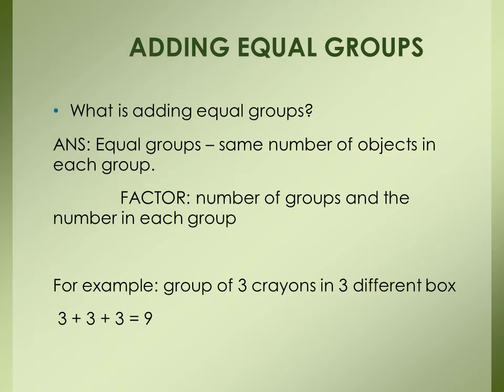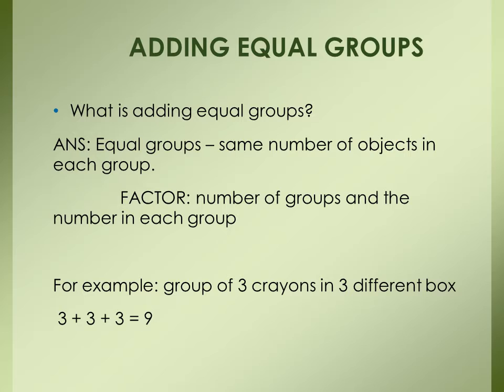For example, if we have a group of 3 crayons in one hand and in the other hand we also have 3 crayons, then we have a group of 3 crayons in each hand.